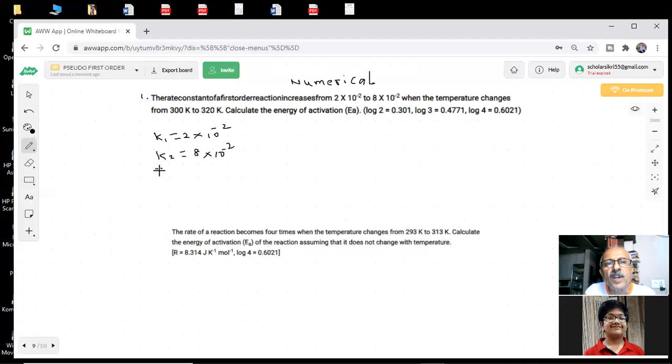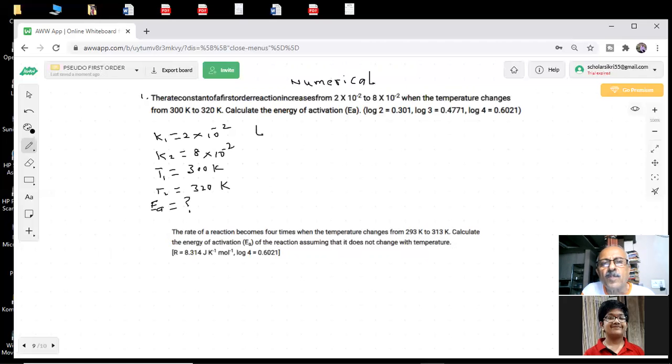What is the temperature T1? 300 Kelvin. What is T2? 320 Kelvin. This is what he has given. And what do you want to calculate? Activation energy, students.